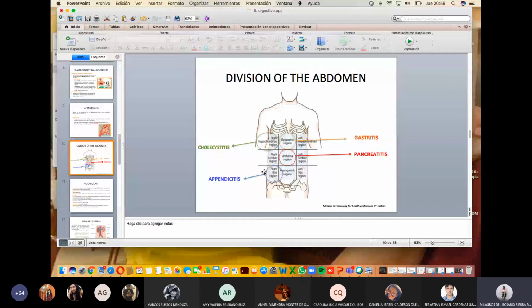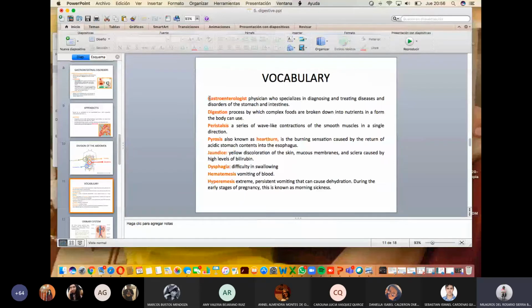Then we have some vocabulary. You guys know the doctor that is specialized in the gastrointestinal tract is called a gastroenterologist. Digestion is the process in which the food is broken down so we can use the nutrients.